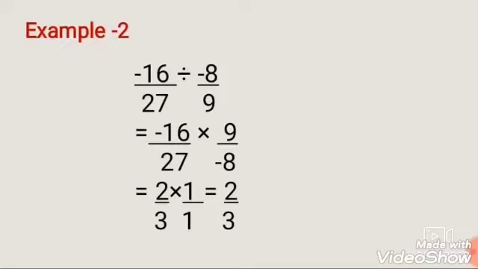When we cancel 8 and 16, the minus sign will get cancelled. In the 8 table, 16 is 2 times, so we get 2 divided by 1. So we get 2 into 1 divided by 3 into 1. So the answer is 2 by 3.